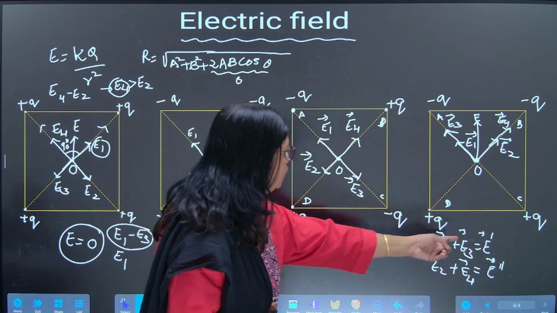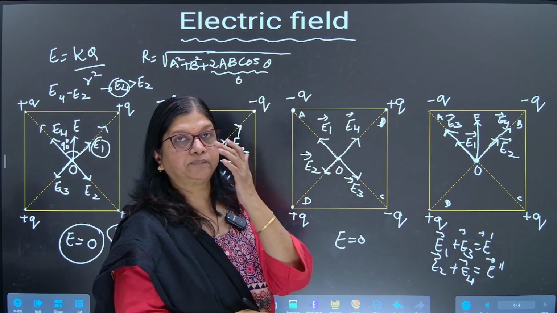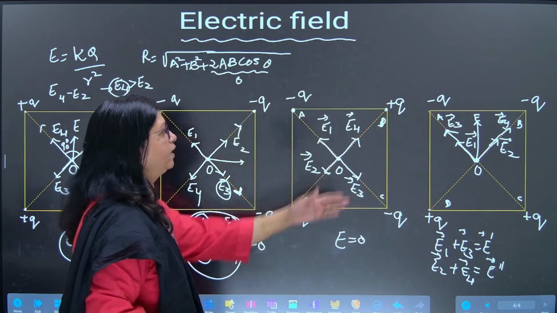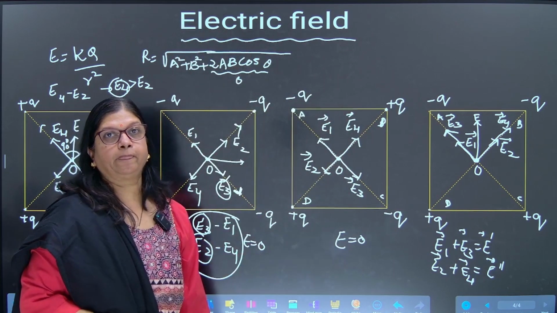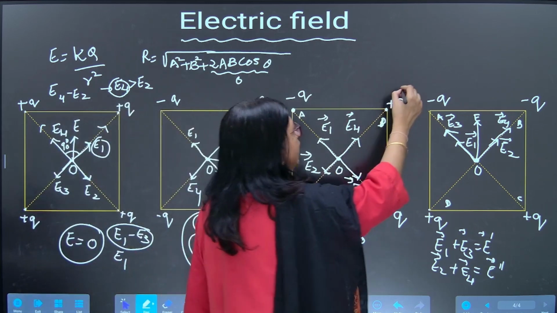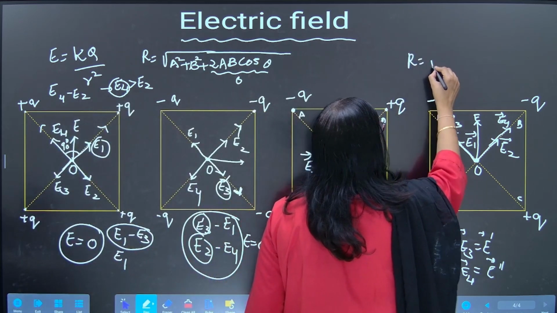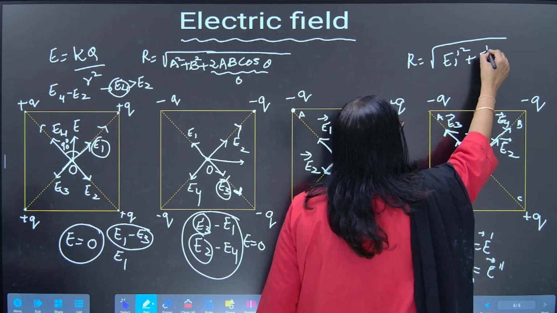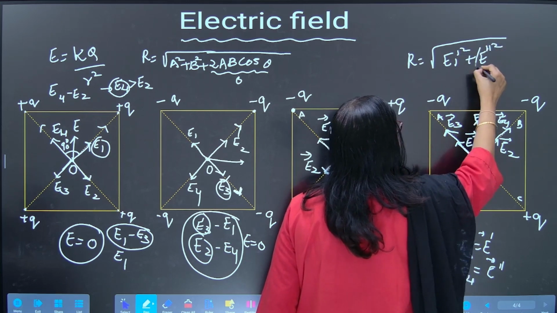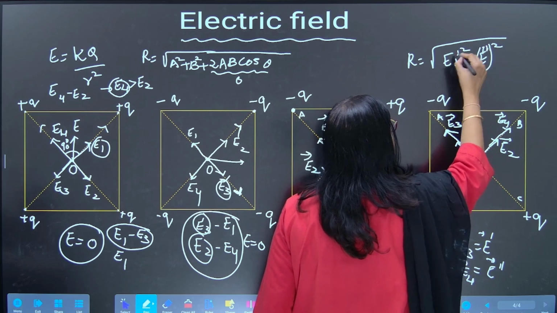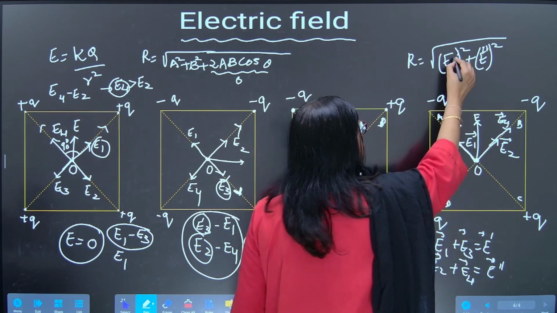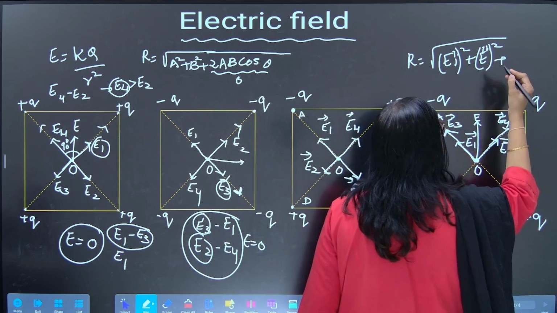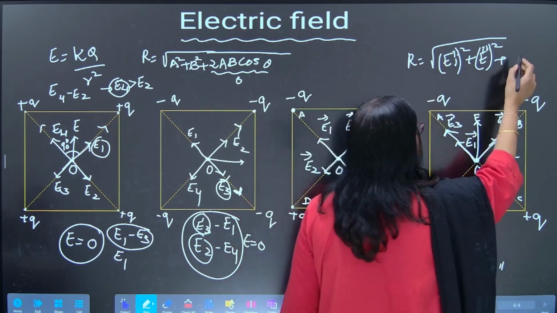Find out the resultant of E dash and E double dash using again the same formula of the resultant where theta is 90 degrees. Okay. So here how will I get my resultant? R is equal to E dash square plus E double dash square. E dash, I can name it different also if you are confused with dash. You can name it as EA, EB, whatever is convenient to you. Angle is 90, so I am not writing that.